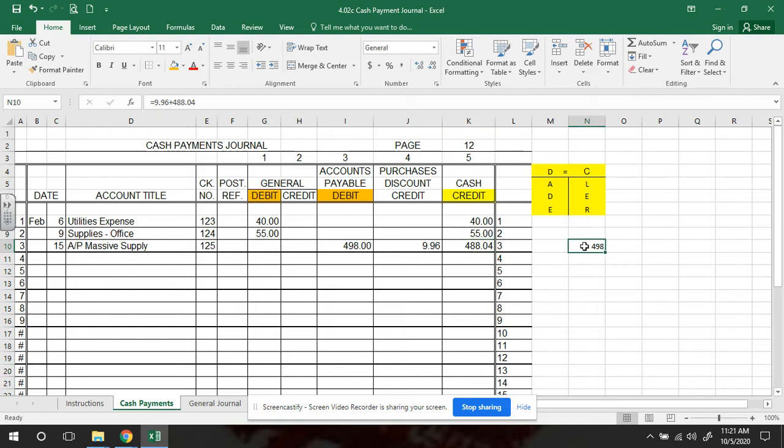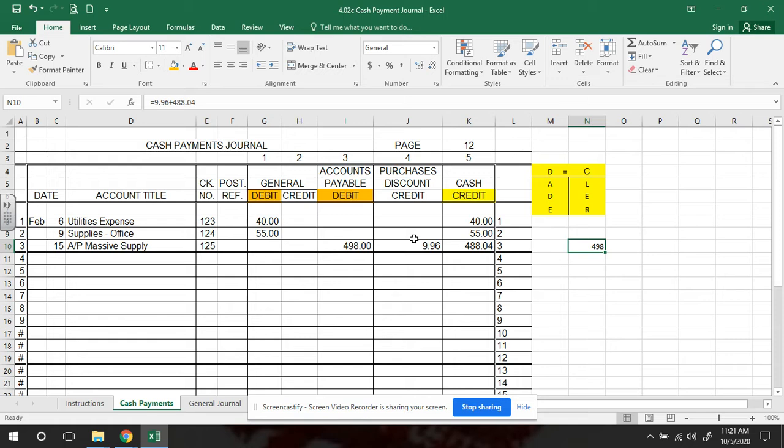Now, over here, I did the equation to make sure that it balances. $9.96, if you see up here in the formula bar, plus the $488.04. When I add those together, it comes out to $498.